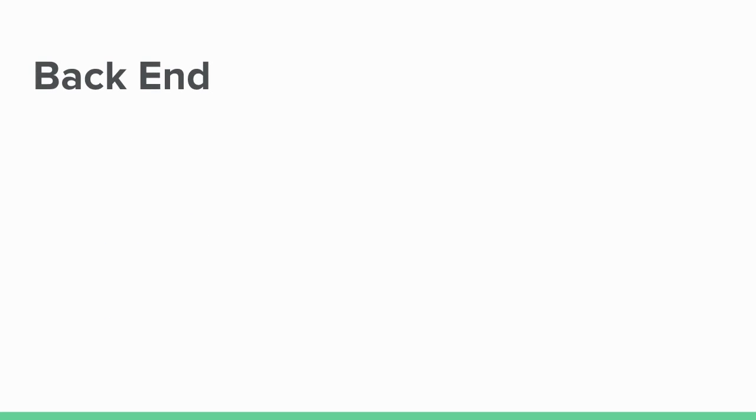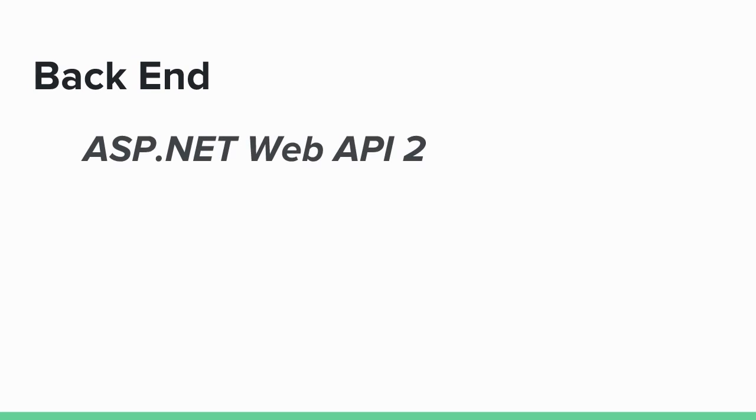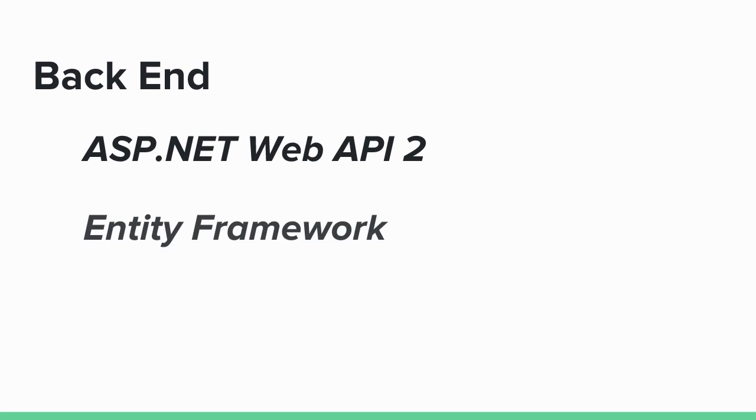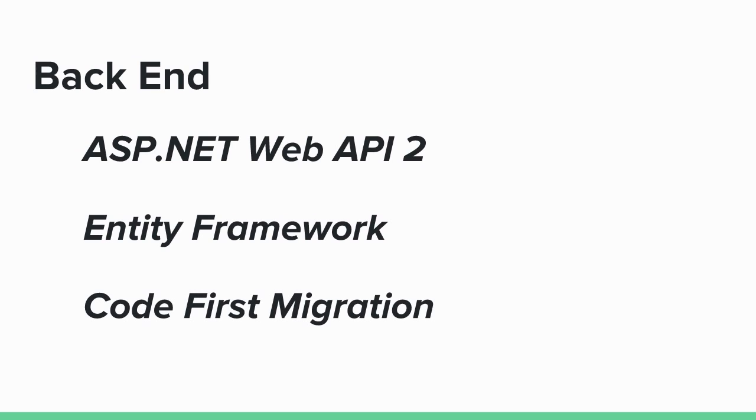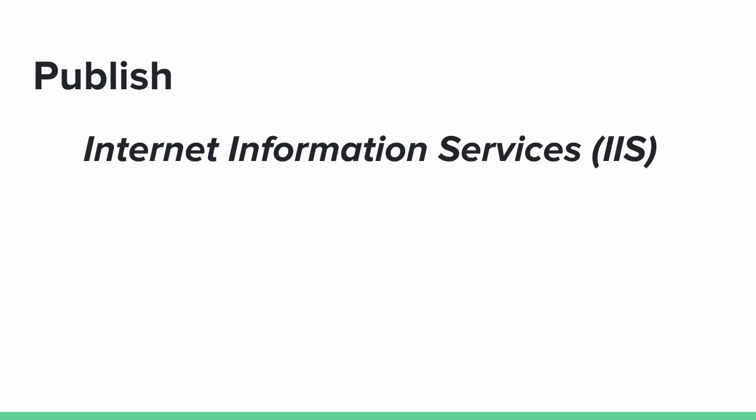And considering the backend, we will use Microsoft's ASP.NET Web API 2 for our REST service and Entity Framework with code-first migration to communicate with the database. On top of that, you will learn how to publish your single-page app with Internet Information Services, or short IIS, on a Windows server so that everyone can access your new single-page application.